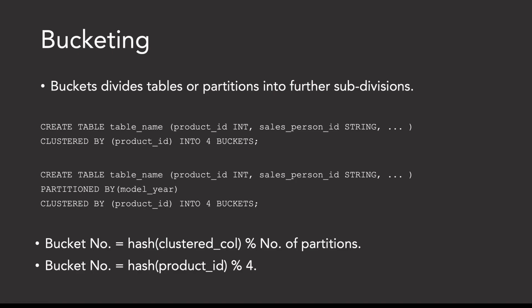Let's say the hash of product ID is 5, then that particular record would go to bucket number 1. If the hash of product ID comes out to be 10, then that particular record would go to bucket number 2, because 10 modulo 4 is 2, 2 being the remainder. If the hash of product ID comes out to be 4, that particular record would go to bucket number 0.